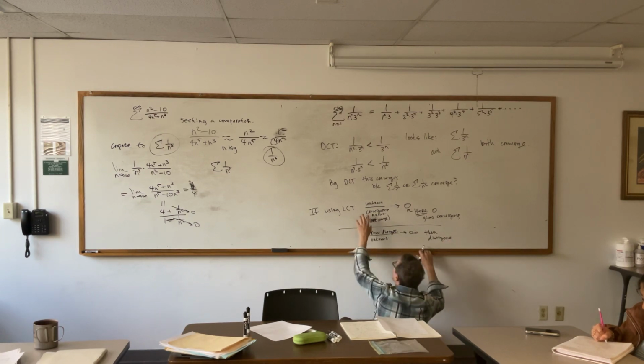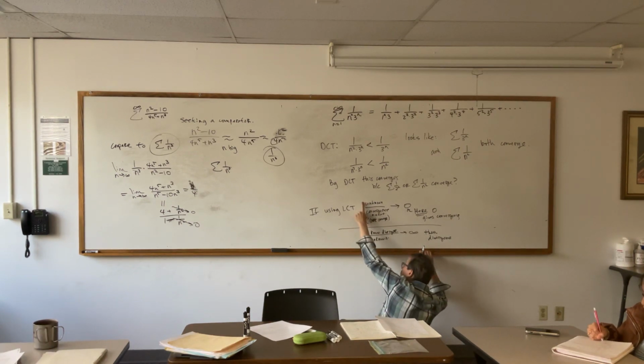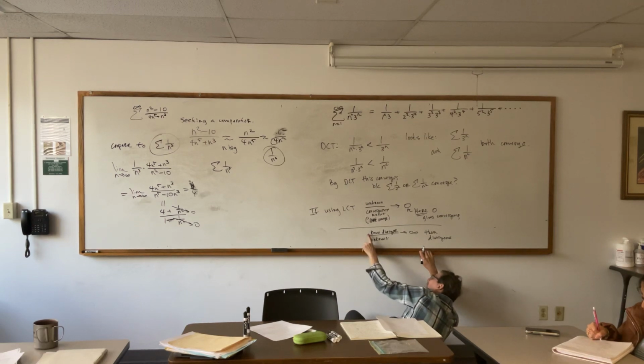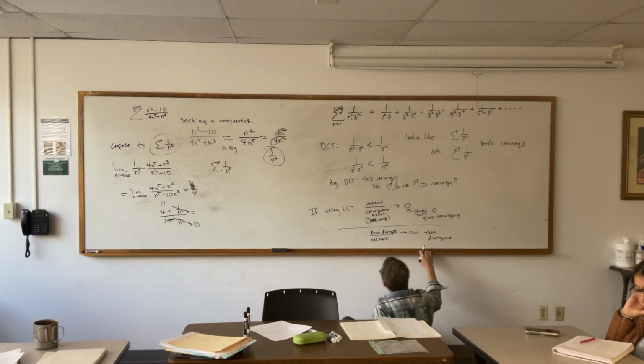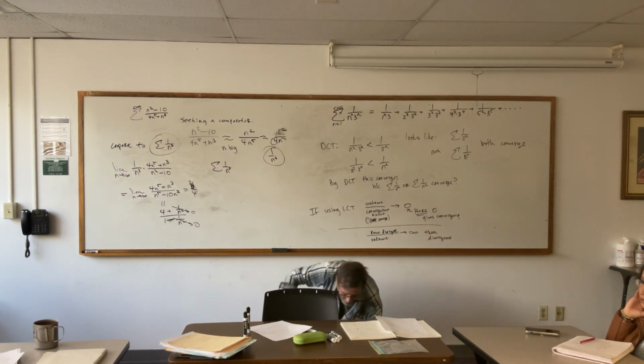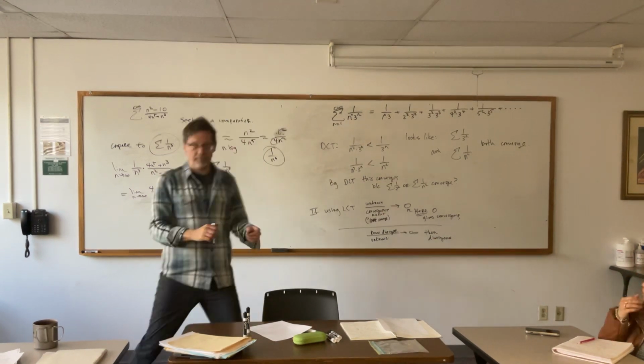But it has to be the converging one on the bottom, and the one I'm testing on top. Down here, if I have the divergent one on top and the unknown one on the bottom and I get infinity, then I've got divergence. That's just a weird little subtle case there.